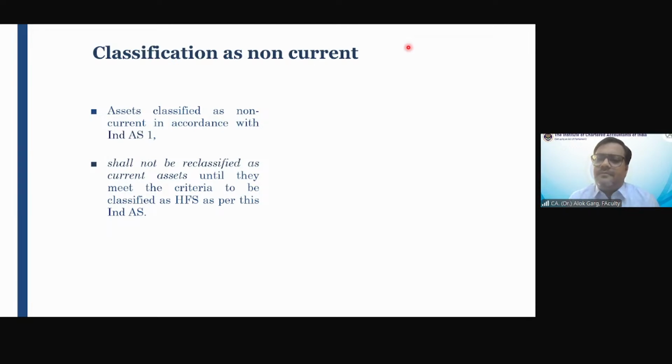So the asset classified as non-current in accordance with Ind AS 1, like for example, PPE, investment property, intangible asset. So these have been classified as non-current asset in Ind AS 1. Okay. It shall not be reclassified as current. मैंने आपको बताया था ना, if a non-current asset will become held for sale, it will become a current asset.